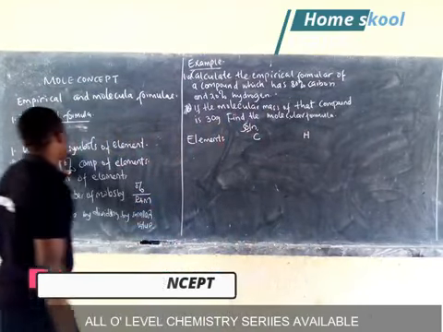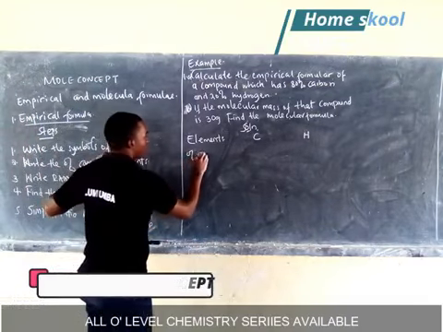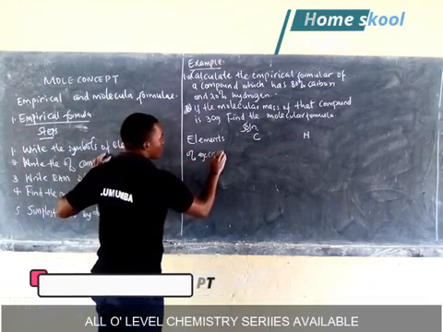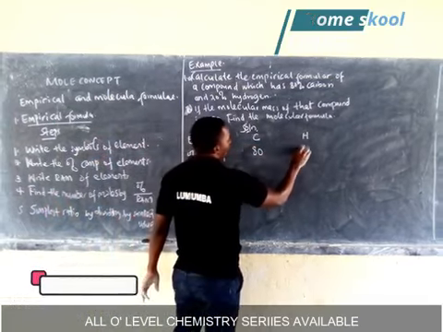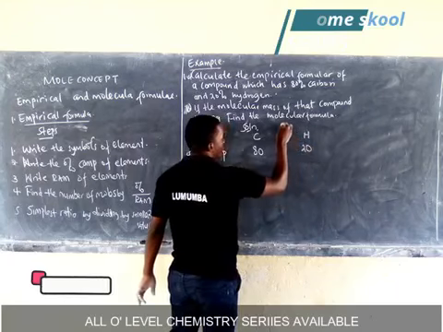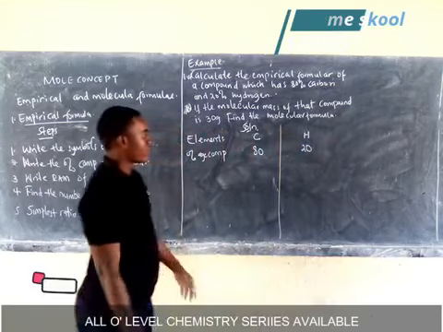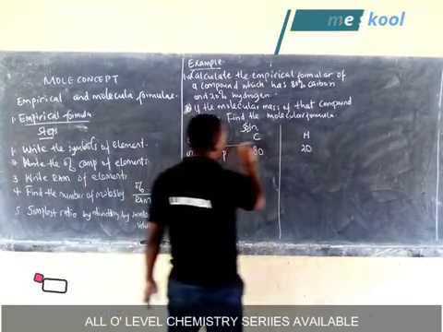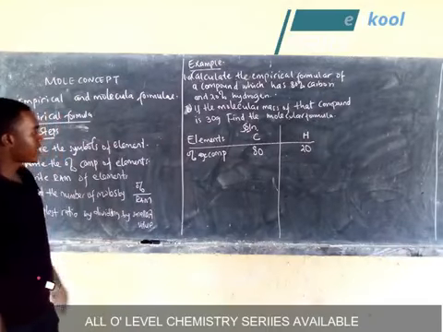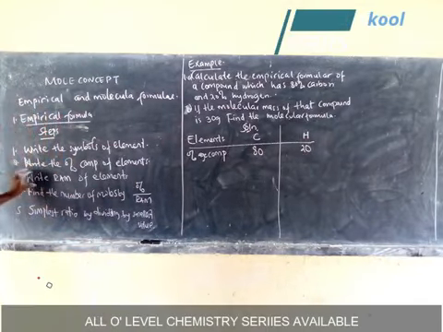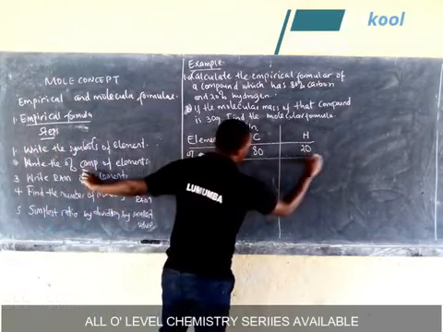Number 2, write the percentage composition of the elements. So the percentage composition, carbon is 80, hydrogen is 20. So it's better we use the table, not to mix up with things. So I draw that. Having done that, the next step, number 3, write the RAM of the elements. Relative atomic mass.